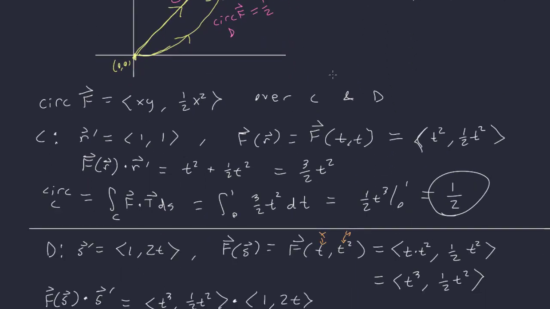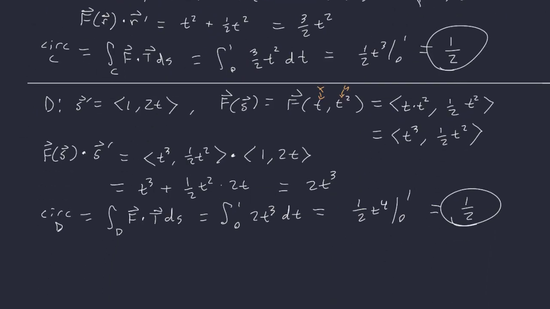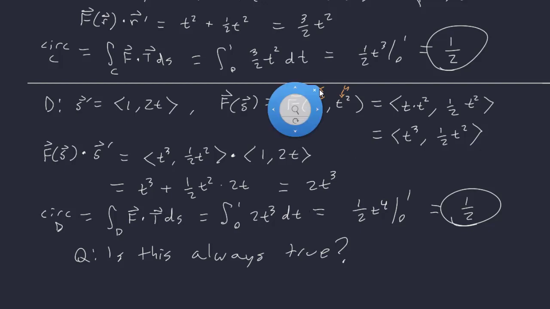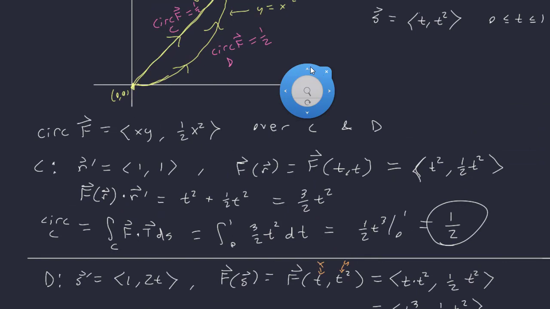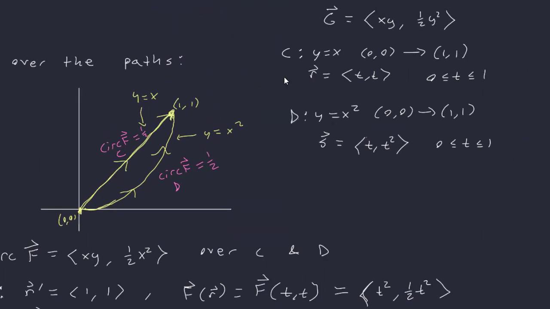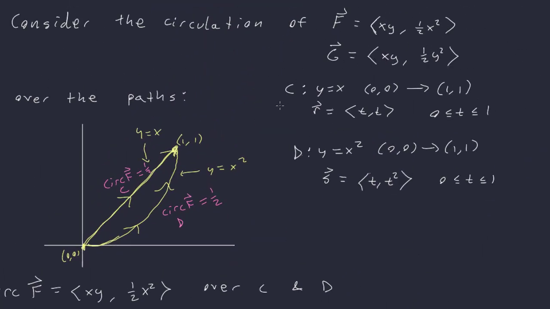So a natural question, is this always true? Well, let's see if we get the same thing when we look at G, right? If we do the circulation for G.